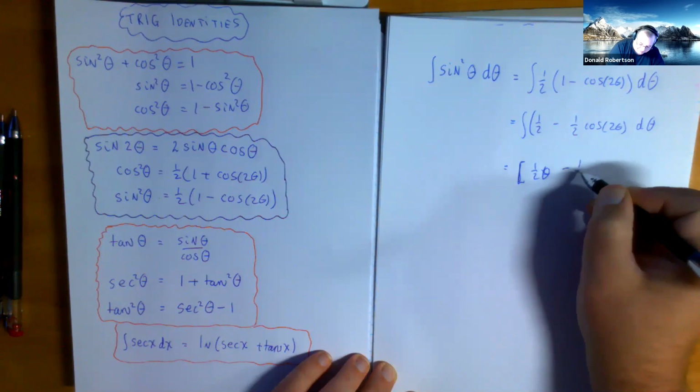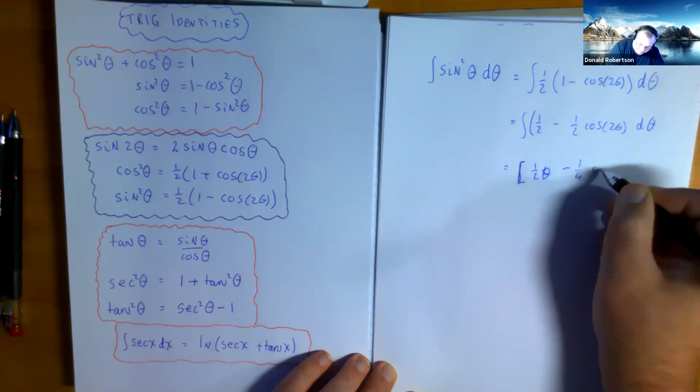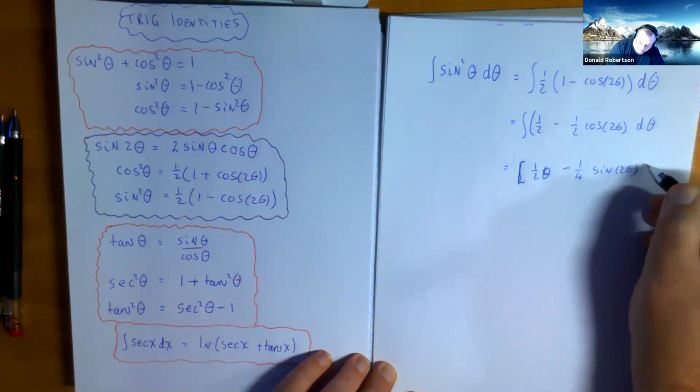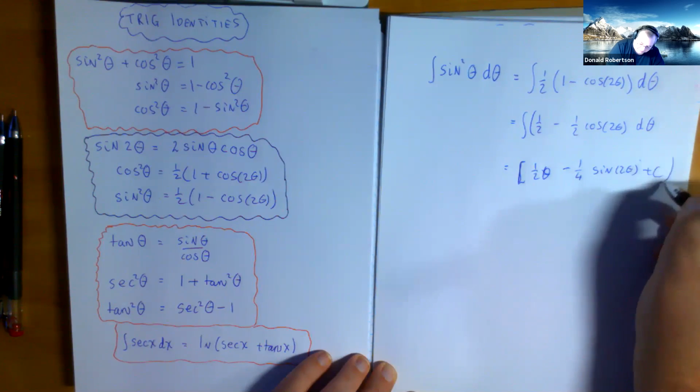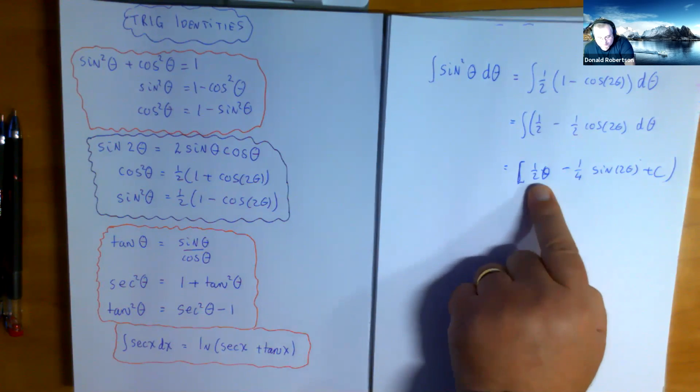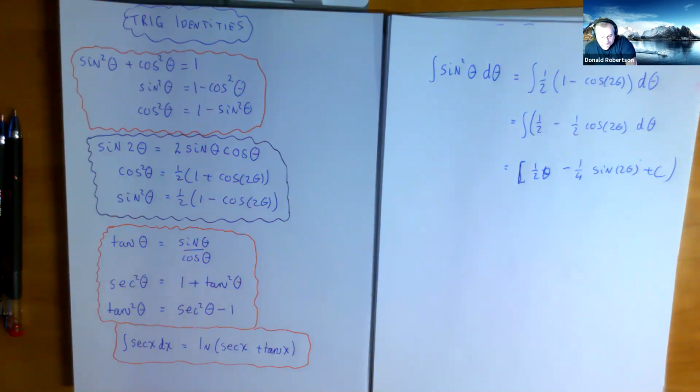And that's why this is a quarter, and why it still remains a negative. Are we happy about that integral now? So half theta, take away a quarter sine 2 theta, plus arbitrary constant gives you that.